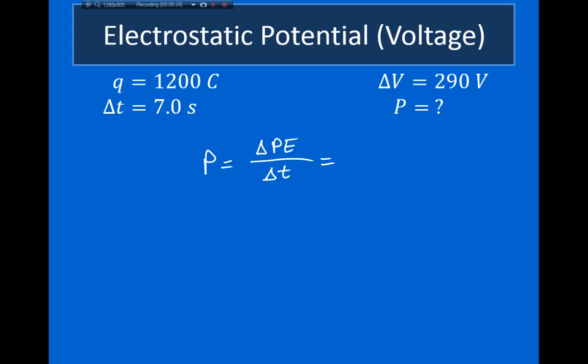So the change in the potential energy is going to be equal to Q times delta V. Remember, that's the relationship between potential energy and voltage. We have that the voltage is equal to the change in the potential energy divided by charge. So the change in the potential energy is just Q times V.